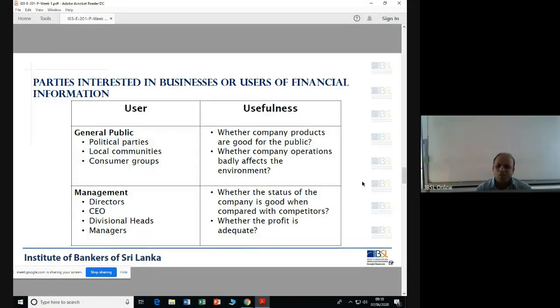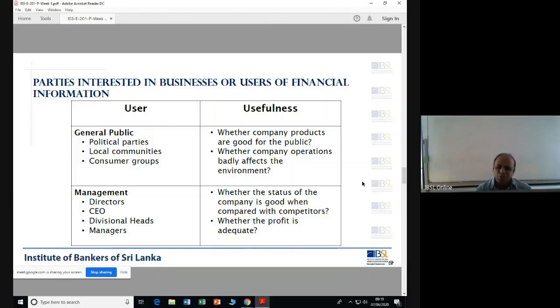There are the corporate management, senior management, middle management, divisional heads, managers, and other staff working. So there is a huge amount of staff strength that is created to run this particular company. But what is more important is to understand the principal-agent relationship. The principal is the shareholder, and the agents are the management, which includes the board of directors, CEO, divisional heads, and everybody.